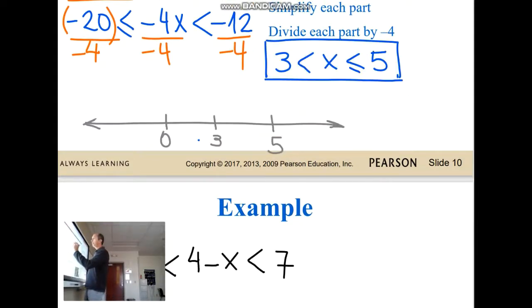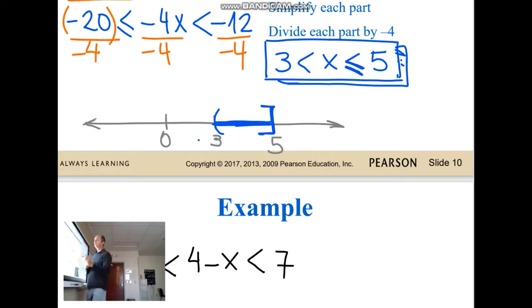And we can represent this result here using the number line, and it's going to be an interval between 3 and 5, right? 3 is not included, and everything between 3 and 5 is included, and 5 also is included because we have an equal sign.